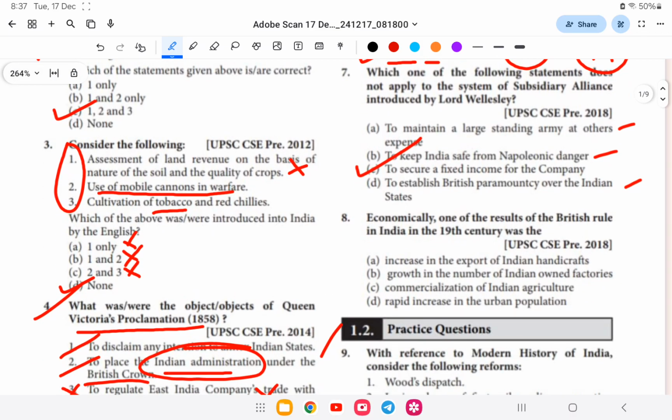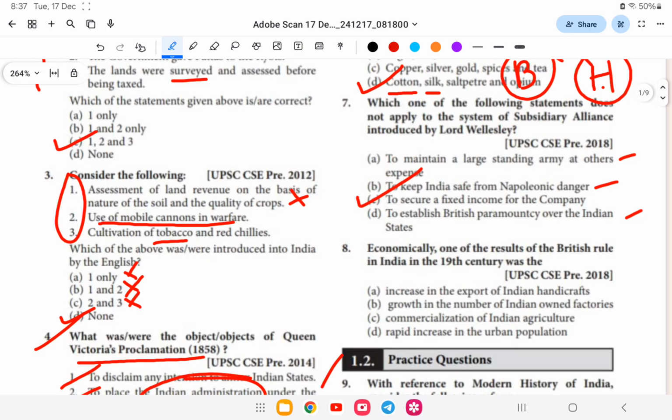Next question, question number 8. Economically, one of the results of the British rule in India in the 19th century was what? So 19th century, that is the 1800s. Economically, not politically, not socially.